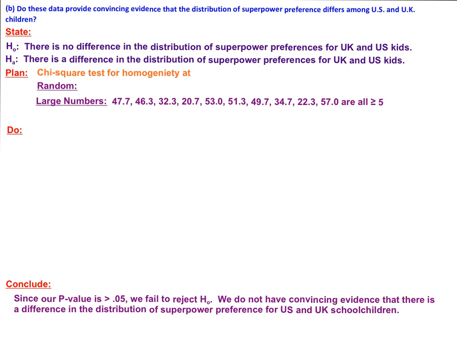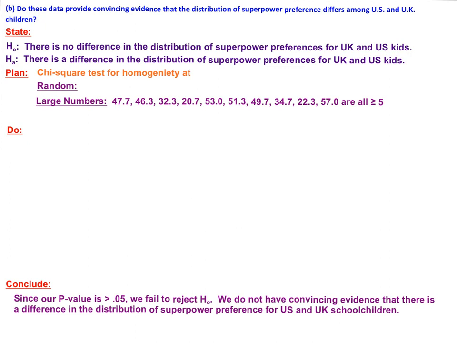Now here's the bulk of the test. H0: there's no difference in the distribution of superpower preferences for U.S. and U.K. kids. HA says that there is. We haven't talked about this much, but you did see it come up a little bit with the p-value. The chi-squared value is calculated assuming H0 is true.